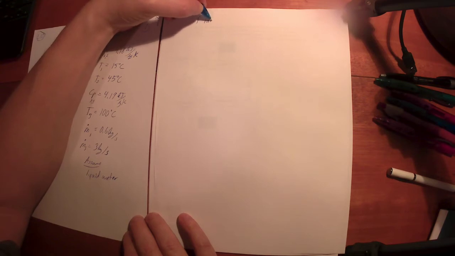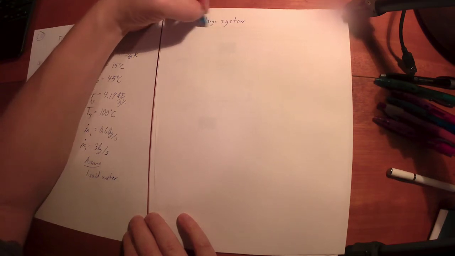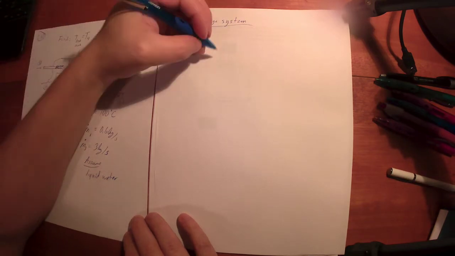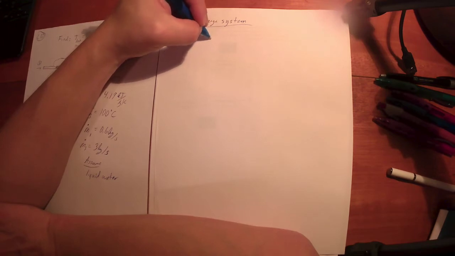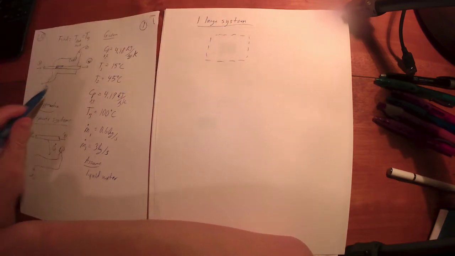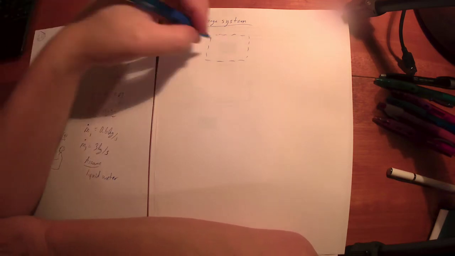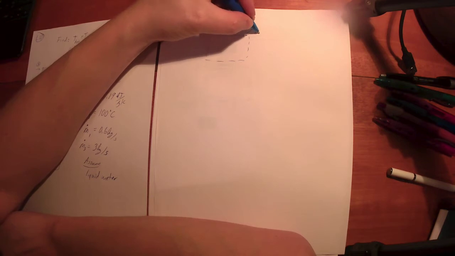So the second approach is one large system. Okay? So if I have one large system, and you could redraw this. I'm just going to draw a generic system here and say that I've got E dot mass in here at 1.